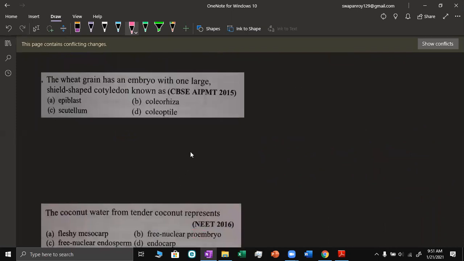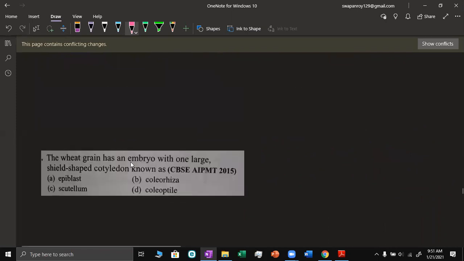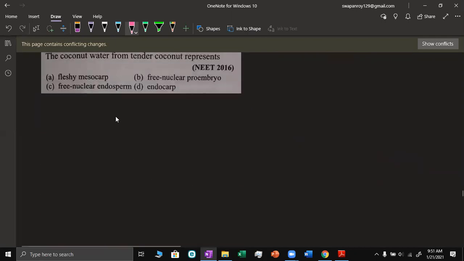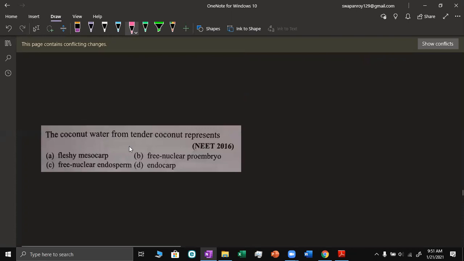Now, a similar question: wheat grain has an embryo with one large shield-shaped cotyledon, that is the scutellum, which we have already learned. In the coconut, the tender coconut represents the free nuclear endosperm, that is the coconut water.